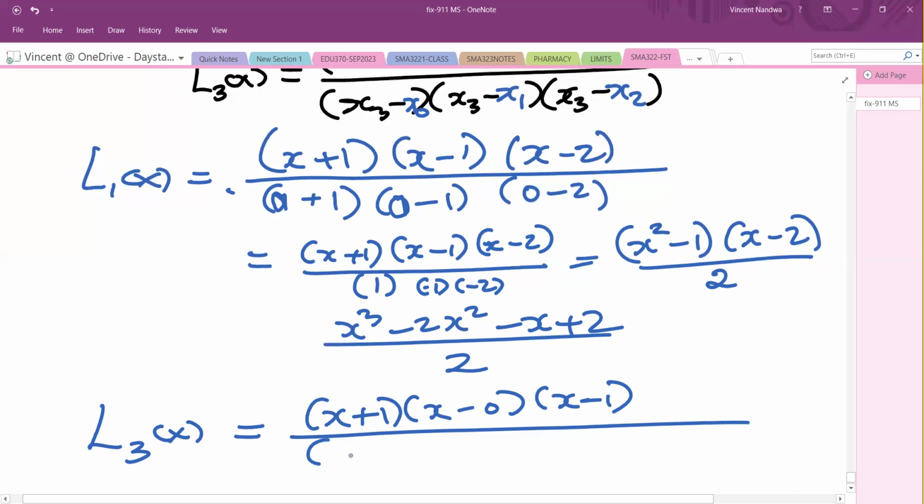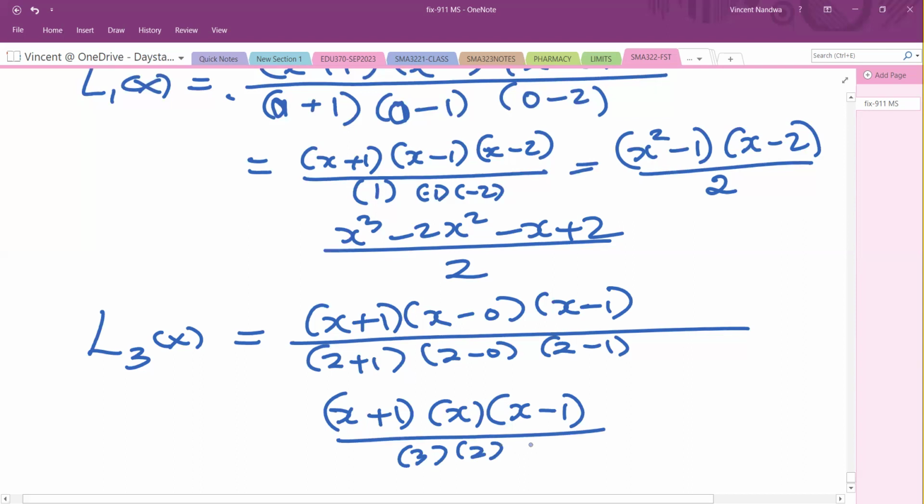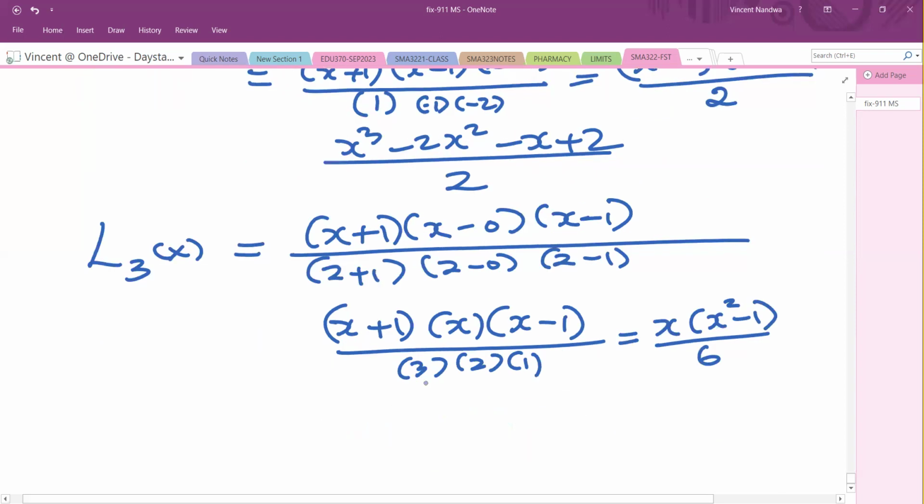Then I'll have 2 plus 1, 2 minus 0, and then 2 minus 1. So I'll get now x plus 1 times x minus 1, then 3 times 2 times 1. So I'll have an x into x squared minus 1 over 6. Which when you multiply, you get x power 3 minus x over 6.